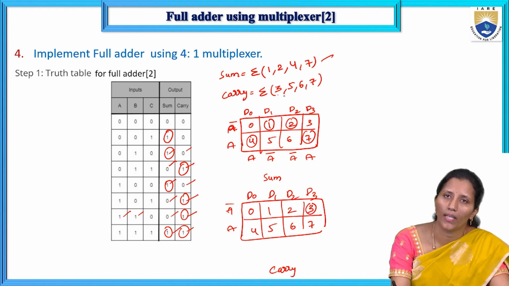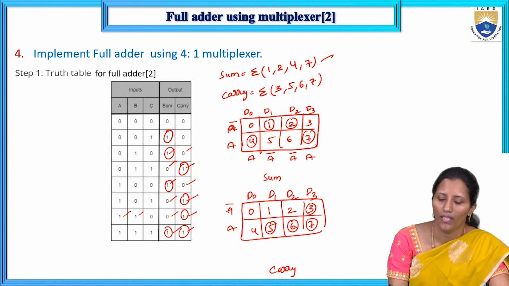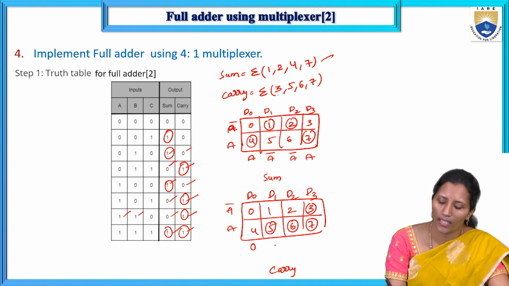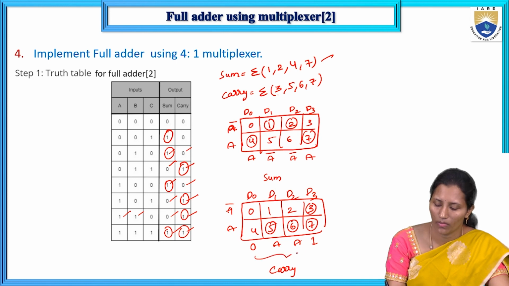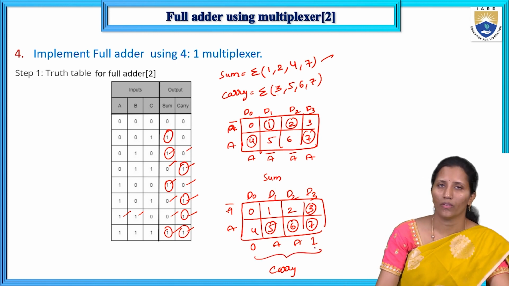The carry Boolean expression is 3, 5, 6, 7. The minterms in the carry, 3, 5, 6, 7, we circle. If neither is circled, we take 0. If row 2 is circled, we write A. If both are circled, we write 1. So these are the inputs to the carry of the 4:1 multiplexer.